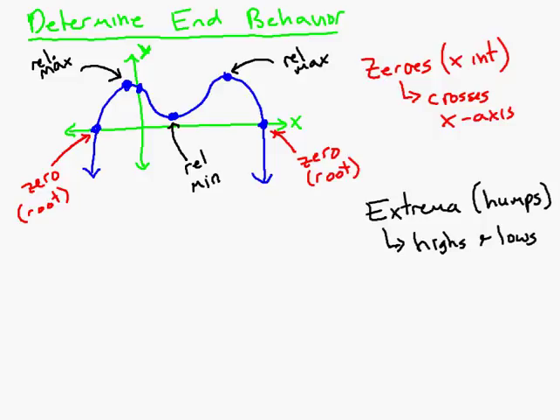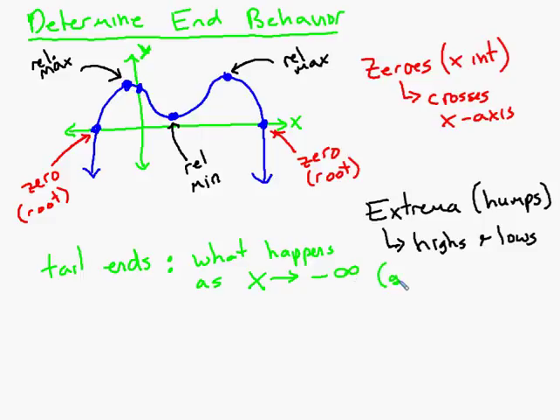Finding all these things. All right, well, I haven't even talked about end behavior. The end behavior are the tail ends. And what we're asking really is what happens as x goes to negative infinity, meaning gets really, really small, and as x goes to infinity, as it gets really big.